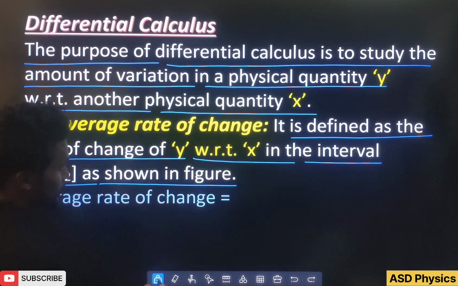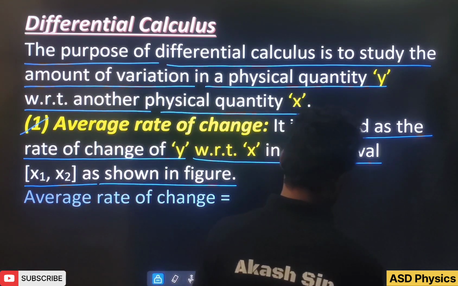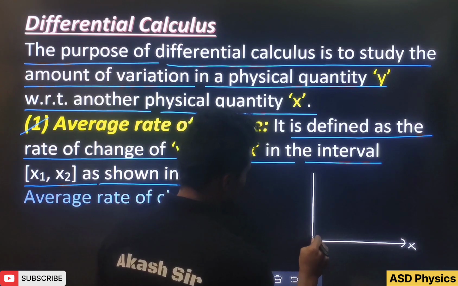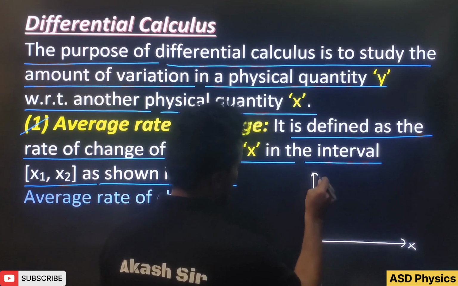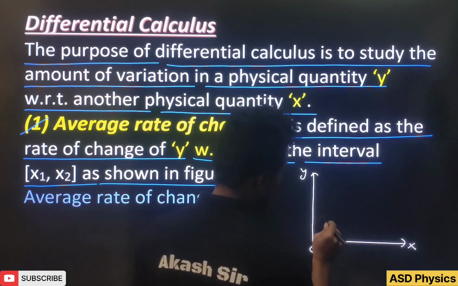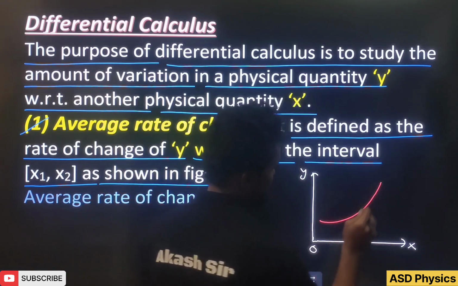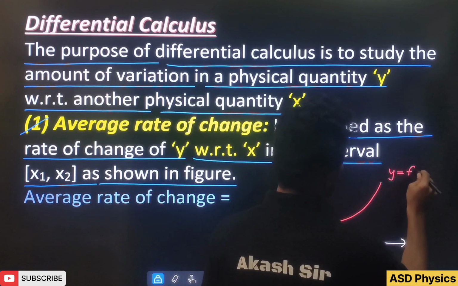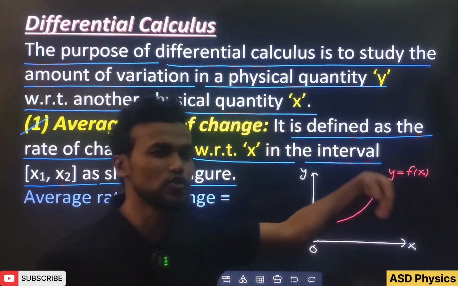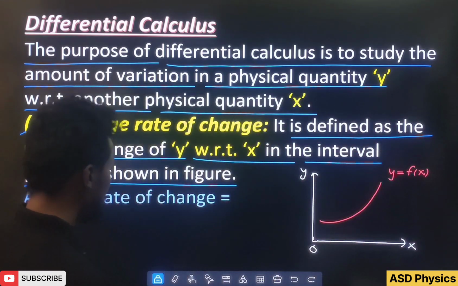So here, let's take this as the x-axis, and this as the y-axis. And here I have taken one graph. Let's take this function given here, y equal to f(x). It can be y equal to x square, y equal to x cube, y equal to root x, anything. Now we have taken a general one.